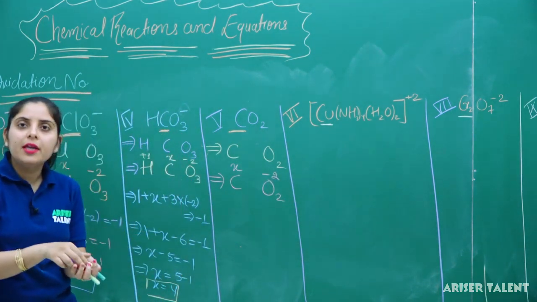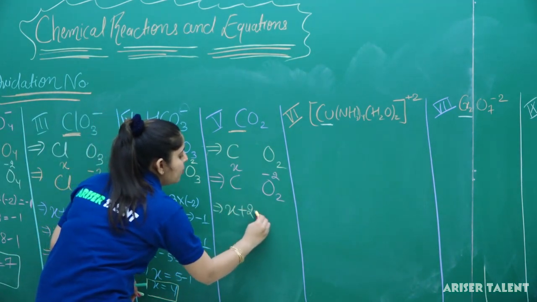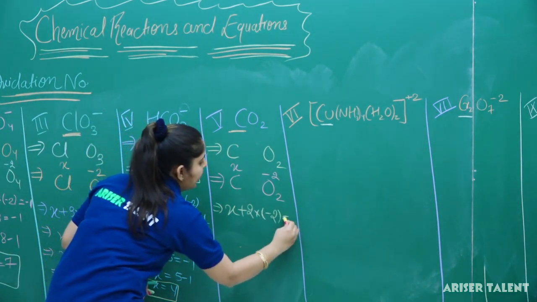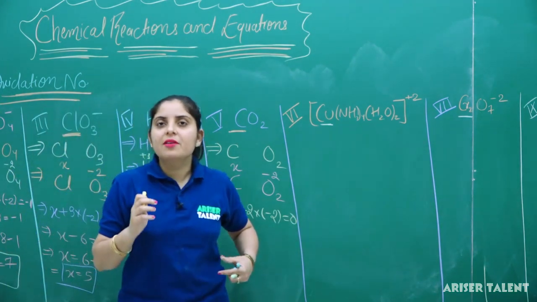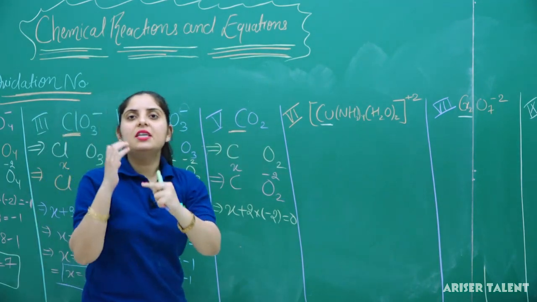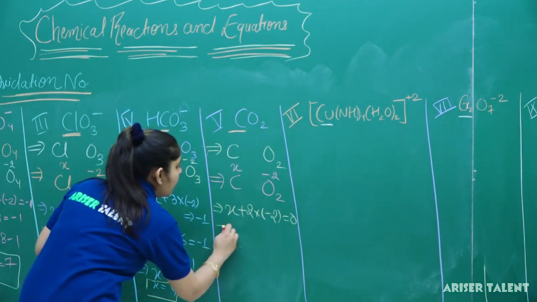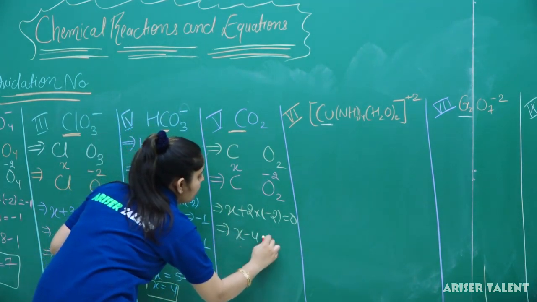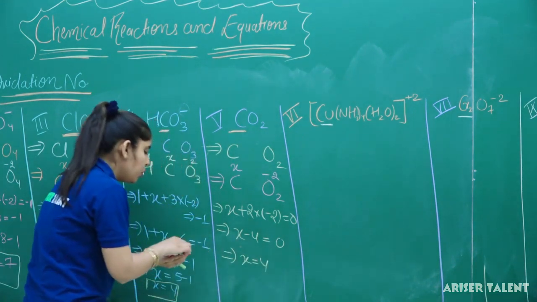Now I will write it as X plus 2 into -2, and that will be equal to 0. Why am I substituting 0 in this equation? Because the carbon dioxide is not provided with any charge upon it, so the right hand side must be equal to 0. So what we will get here, X minus 4 equal to 0, X equal to 4.